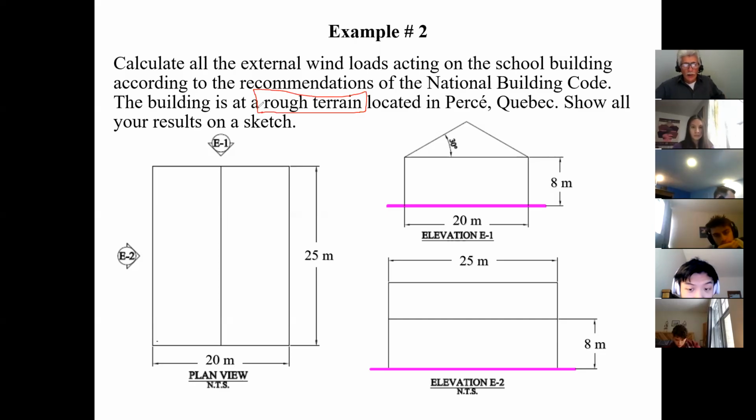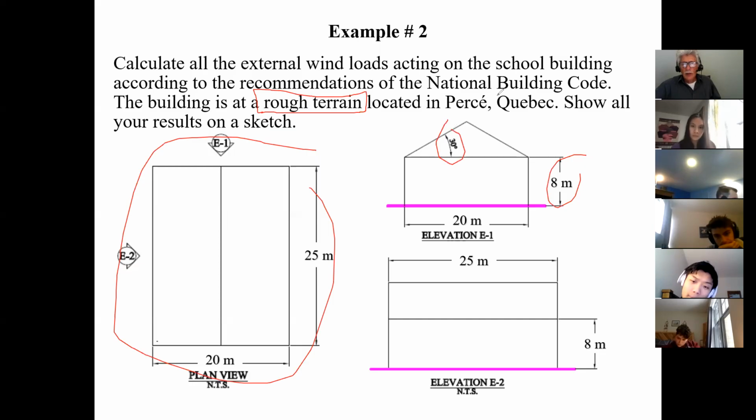So I take the same geometry, the same height, the same angle, the same location, everything's the same. The only difference is that if you consider the school to be built in a very urban or suburban area and you want to consider that to calculate the value of CE, I want to show you the impact that has on your values.